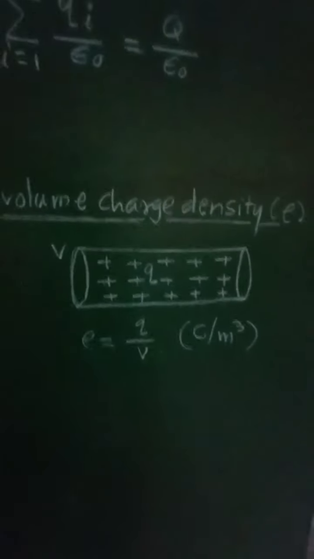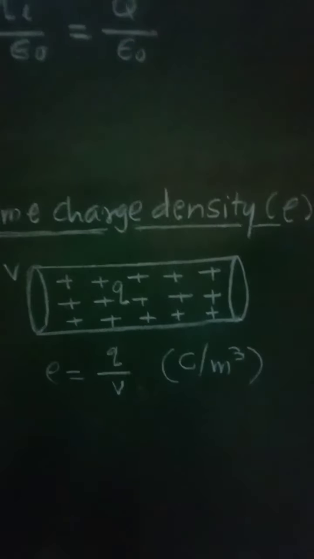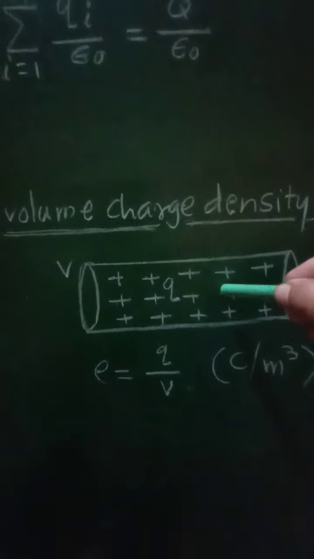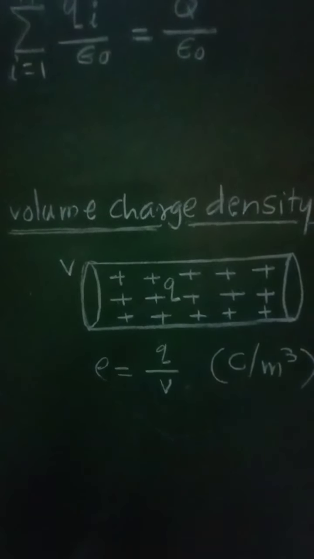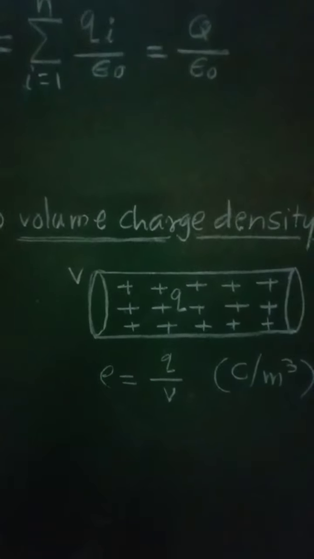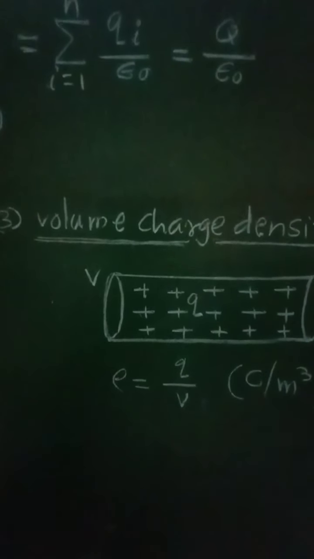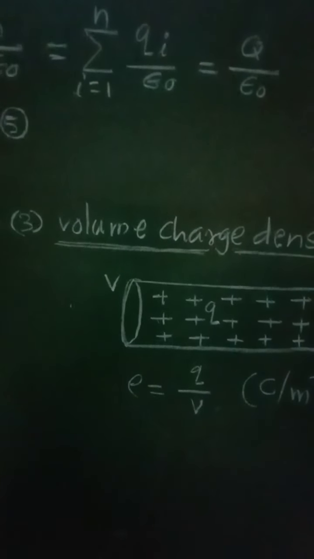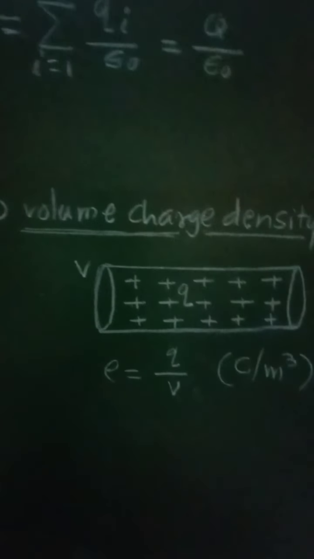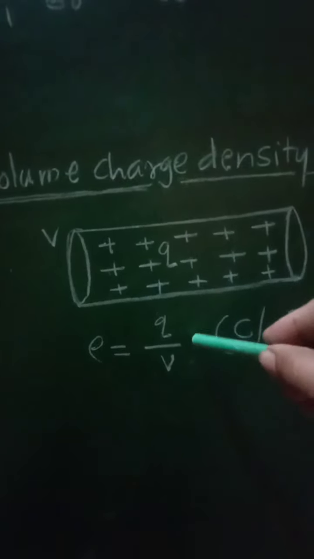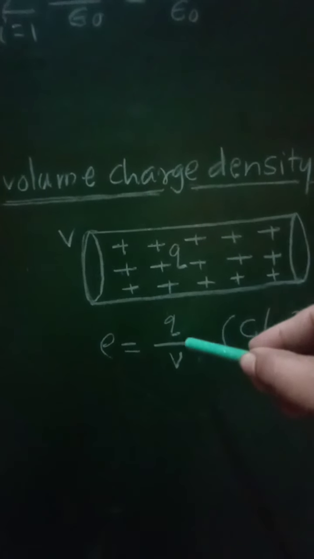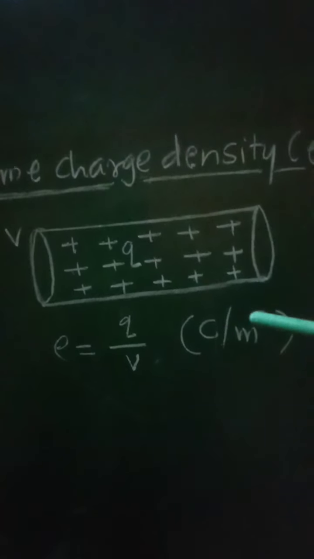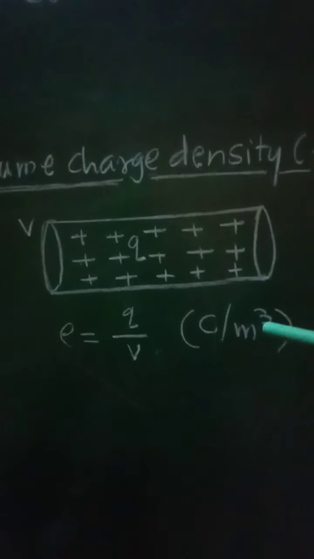Similarly, if you go for the third distribution, that is volume charge density rho, then in this case plus q charges are distributed uniformly in a volume V. Therefore if charge q is distributed uniformly throughout volume V, then volume charge density is defined as charge per unit volume, and therefore the volume charge density rho will be equal to q by V. In SI system of units, it will be measured in coulomb per meter cube.